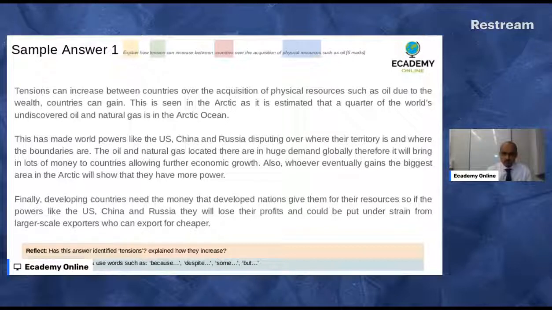Okay, so you think there's some good examples of countries and data being used? For those of you just joining us, we're having a read of this answer, and we're trying to figure out whether they have identified or explained how they increase. Arctic example used, yeah, maybe more detail required. Okay, interesting.